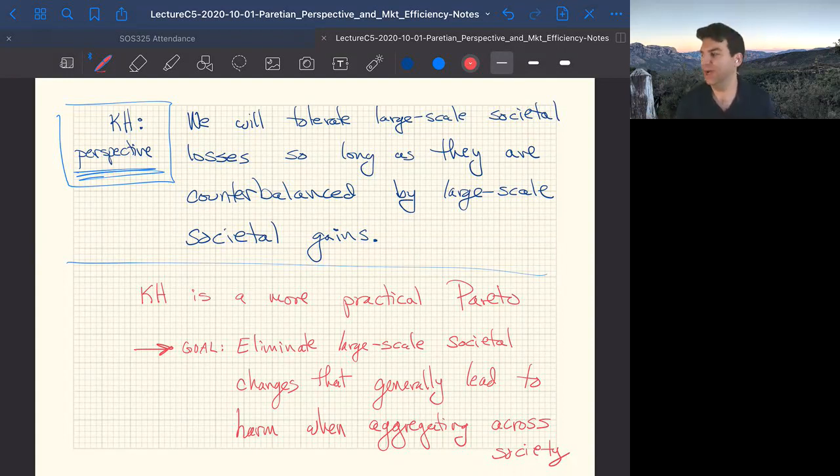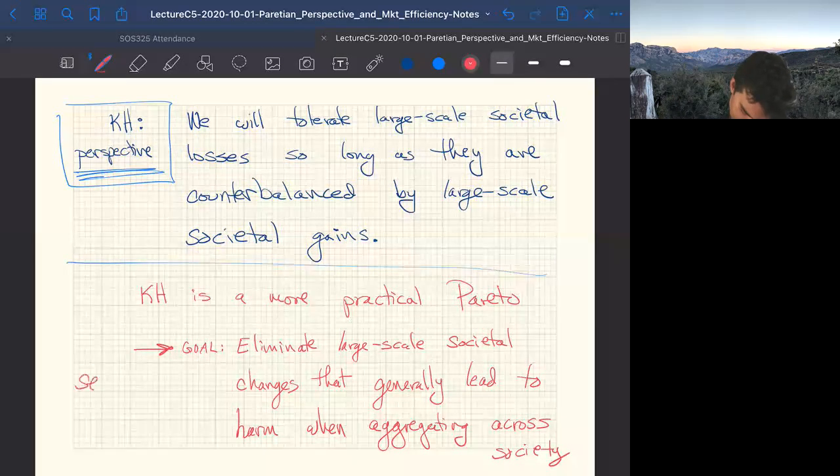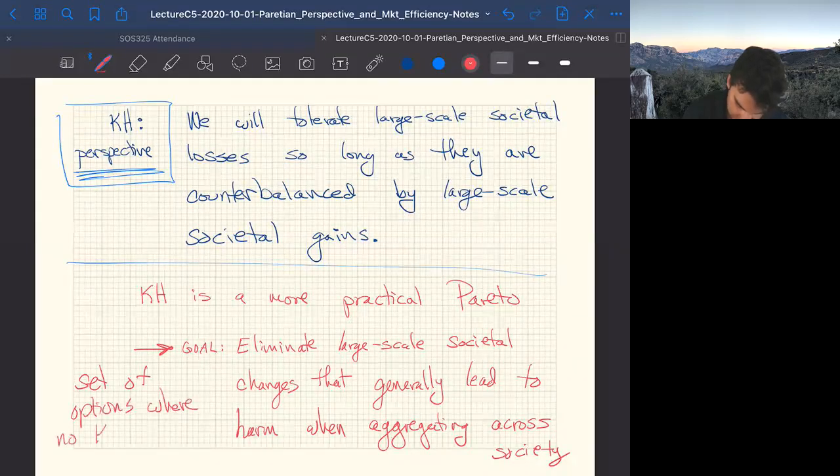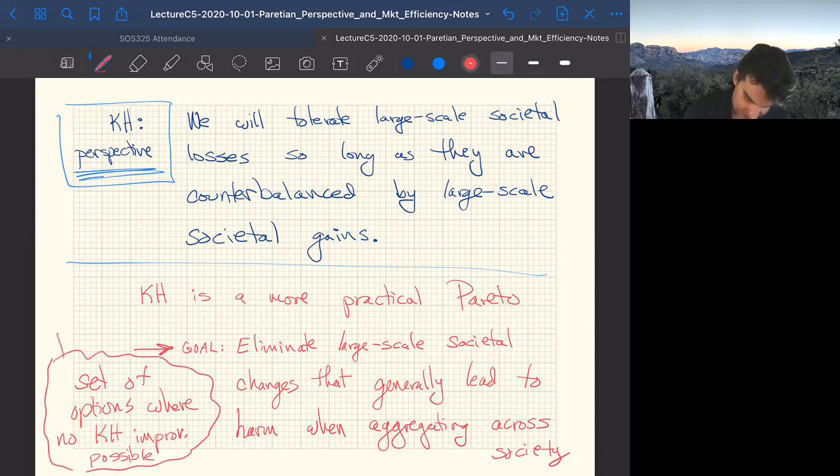But the focus with Kaldor-Hicks and Pareto is the so-called Pareto efficient set, a set of options where there are no Kaldor-Hicks improvements possible. That's kind of the outcome that we want. Find this set.